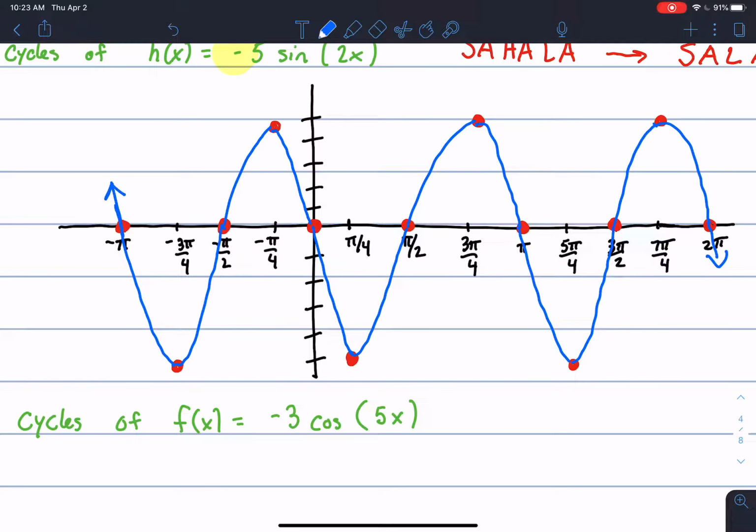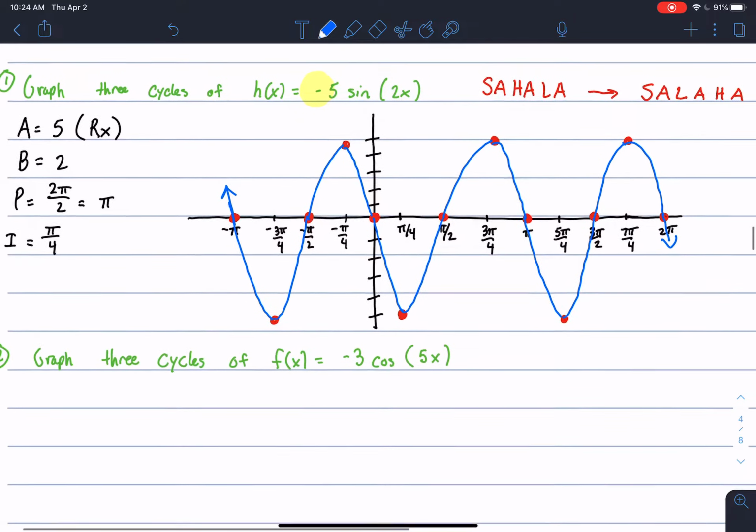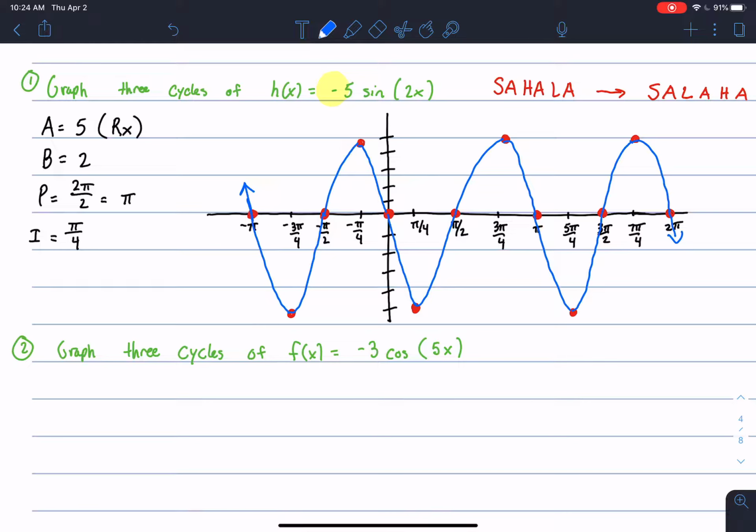It looks very similar, but some of the points have been flipped over the x-axis, and you're going down first instead of going up.